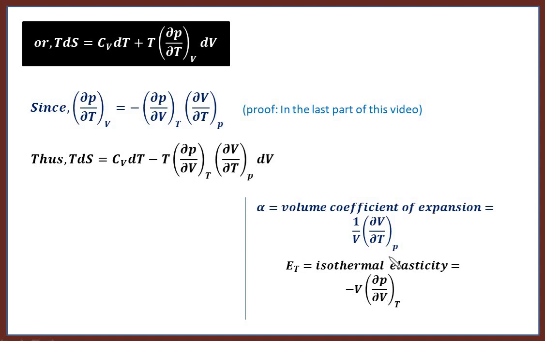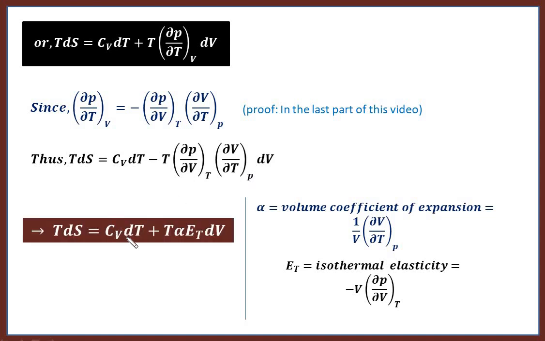If you use these two relations in this equation, you will get TdS equals Cv dT plus T alpha, which is the volume coefficient of expansion, into isothermal elasticity into dV. This is also a form of the TdS equation. It relates the entropy with the properties of the system. So this one is called the first TdS equation and this is its other form.